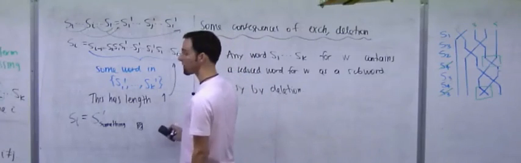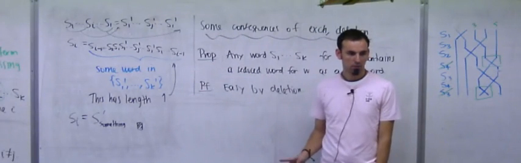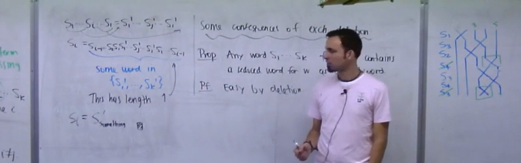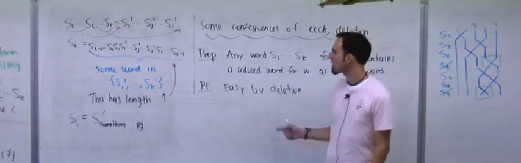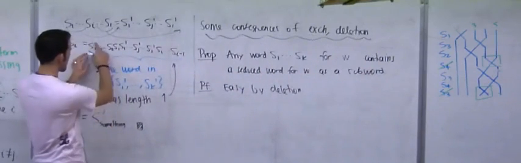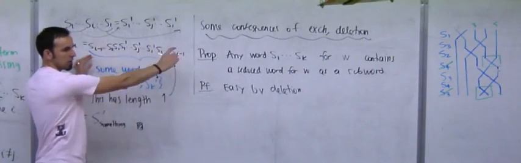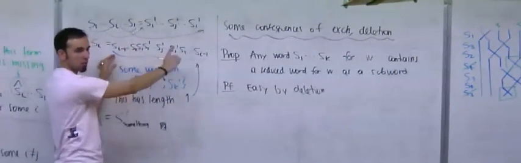Question? So the s prime something is the reduced subword of that long expression? Exactly. So let me just say that again. I have this big long expression, but as an element of the group, it has length 1, because it's just si.